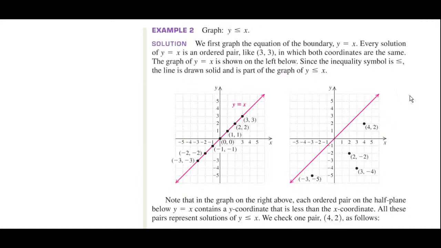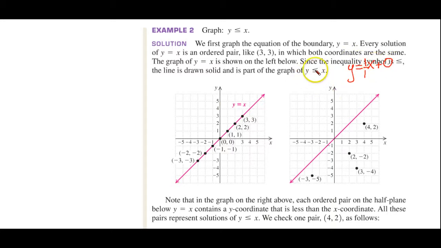So for our first graph, and this reflects what we did earlier in the course, back in chapter 2, we can treat that as if it were y equals x. Our slope is going to be 1 over 1, and our y-intercept, since there isn't any, is going to be 0. So that would be a solid line like so, if that were y equals x.